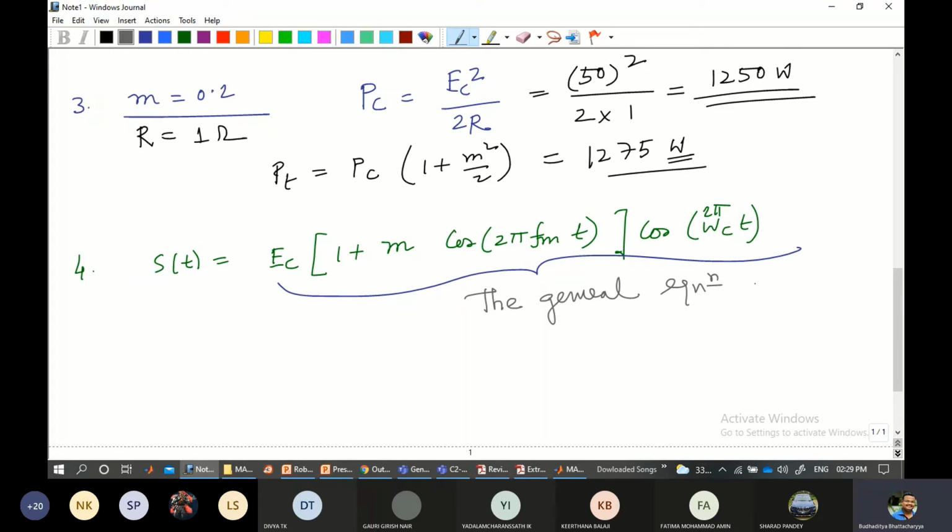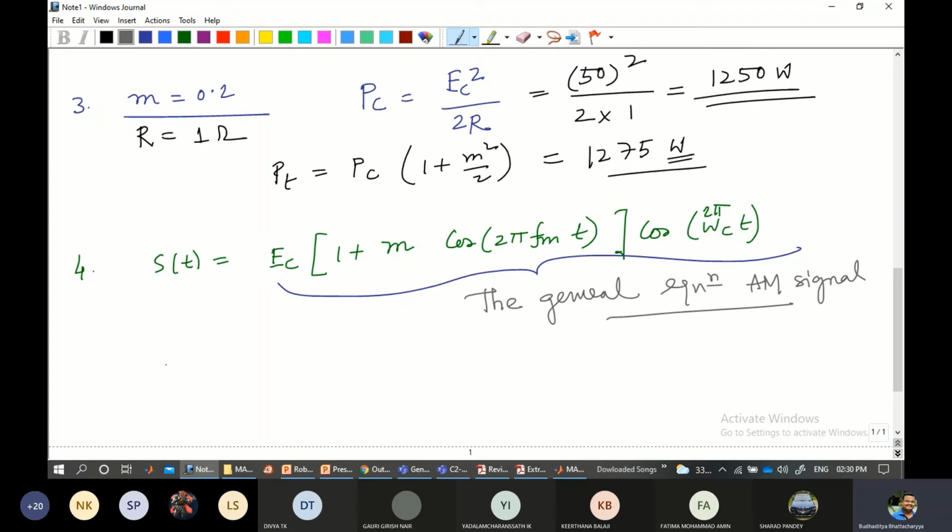This is from the first few days after the start of the semester when we were doing AM modulation. Go back to the previous lectures, like class number 3, 4. You will find that we derived this equation when we covered what exactly AM modulation is, where there is a carrier carrying the message from one point to another. We have derived that in the class as well.